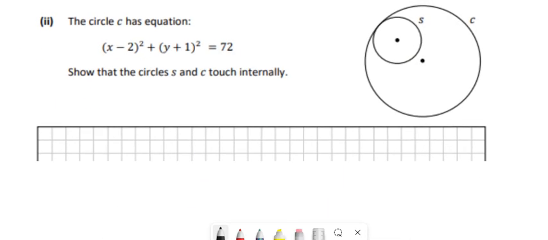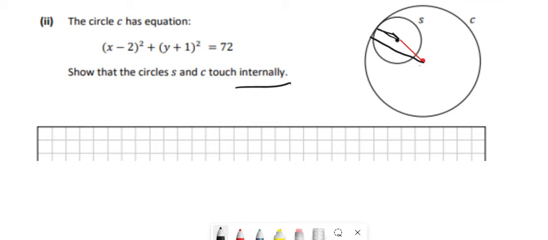Right, to show that they touch internally: if they touch internally, then the distance between the two centres has to be equal to one of the radii minus the other, so it has to be equal to the full radius take away that radius there, basically.